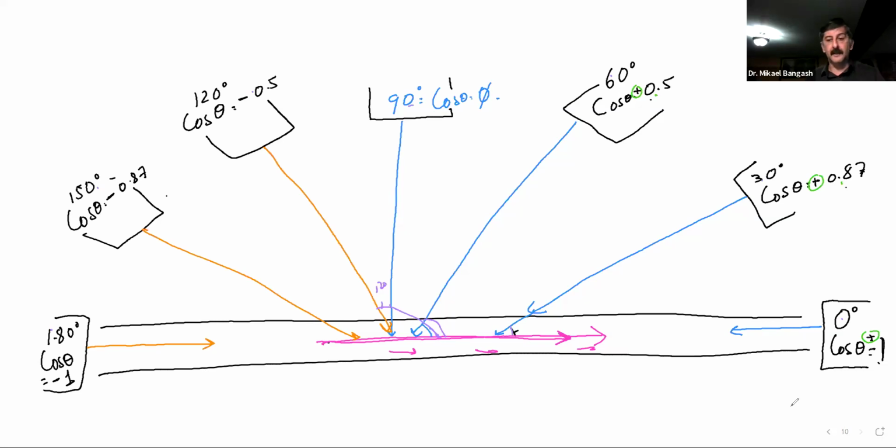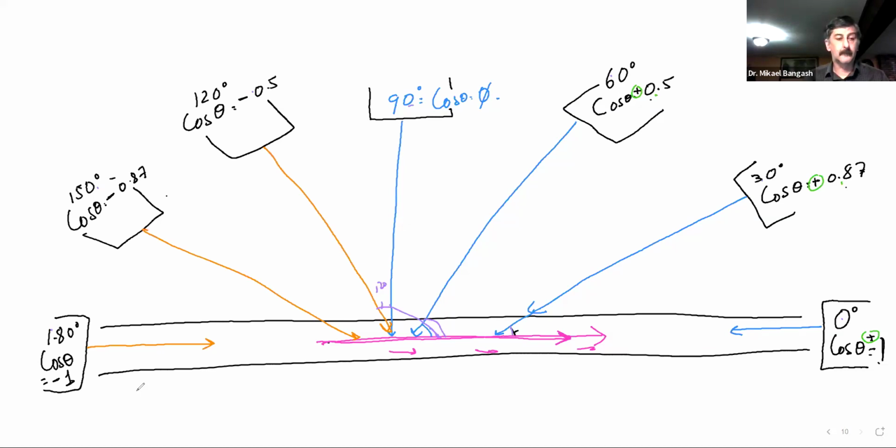Any angle between 0 degrees and 89 degrees was positive. Anything from 91 to 180 was negative.